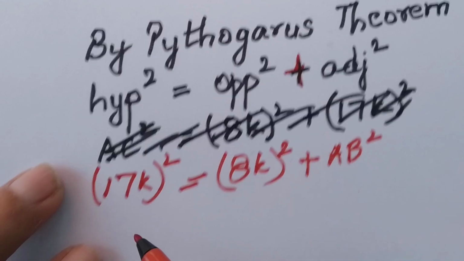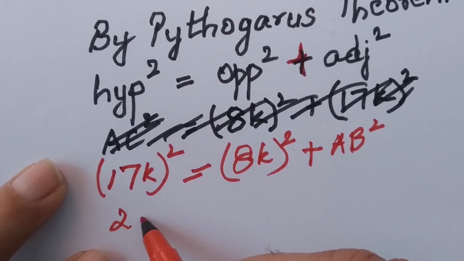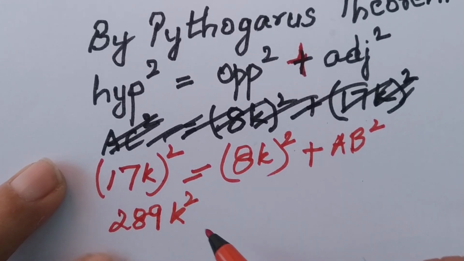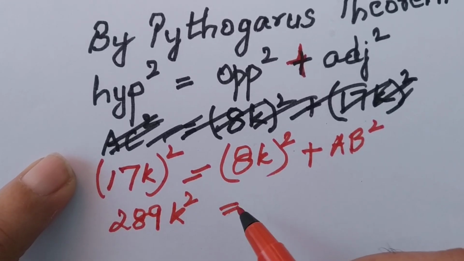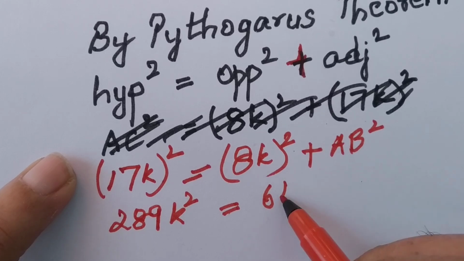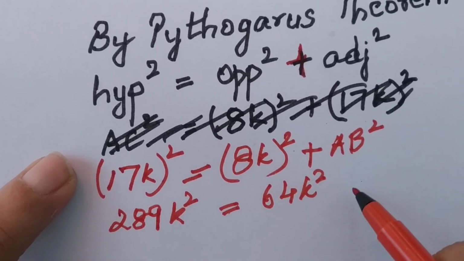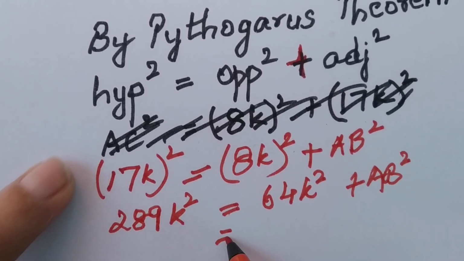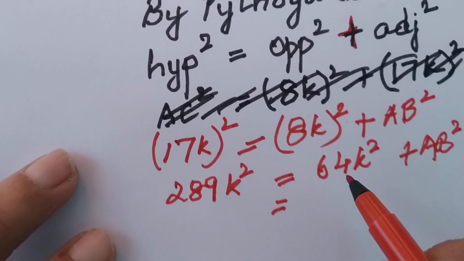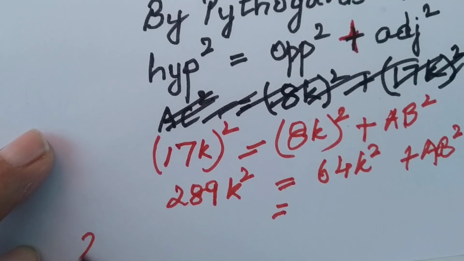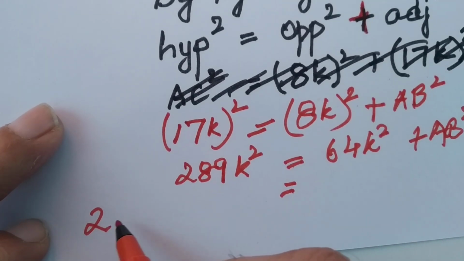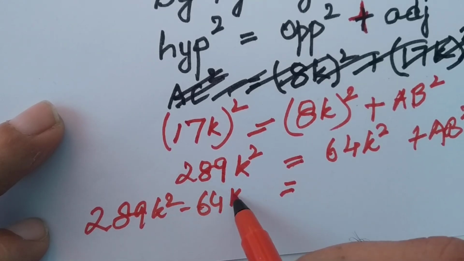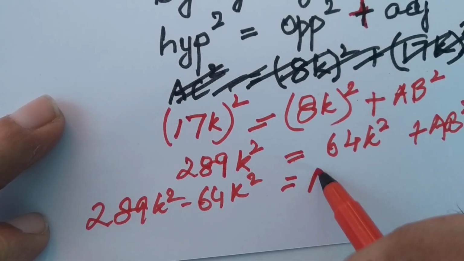Now, 17K the whole square is 289K squared. K also needs to get squared. This is equal to 8K the whole squared, which is 64K squared, plus AB squared. Now I bring the 64K squared to the left hand side. 289K squared minus 64K squared is equal to AB squared.